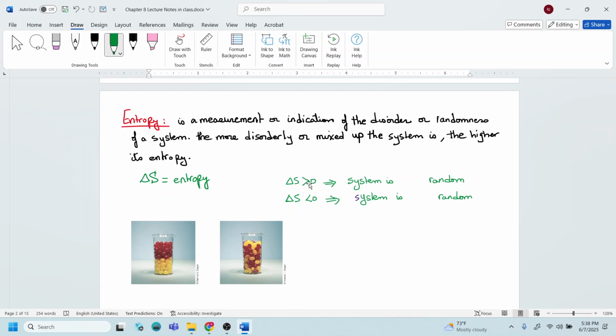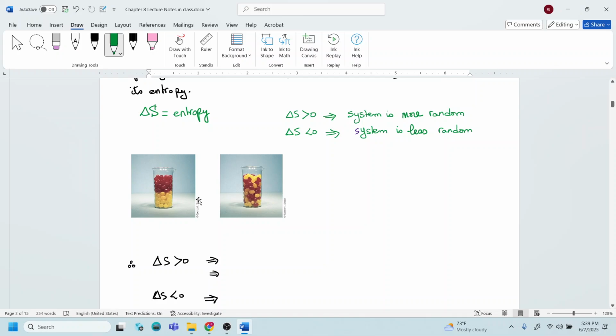So the higher the entropy, the more random the system is. And the lower the entropy, when delta S is negative, this means that the system is less random.